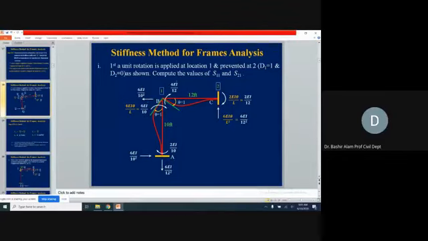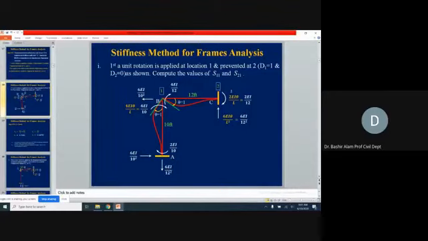The algebraic sum of these is going to make your S11 value 4EI over 10 plus 4EI over 12. You should make a note of this, because after this I'll be switching to the next slide. So our S11 is equal to 4EI over 10 plus 4EI over 12, corresponding to D1; these are the moments I'm taking.